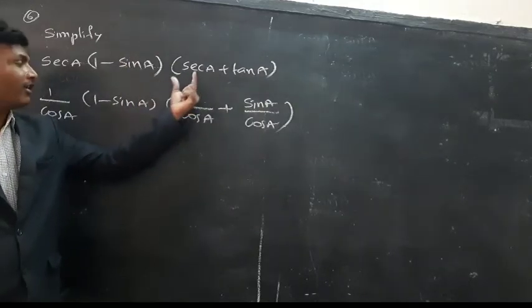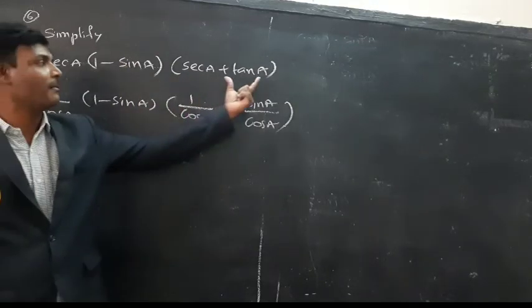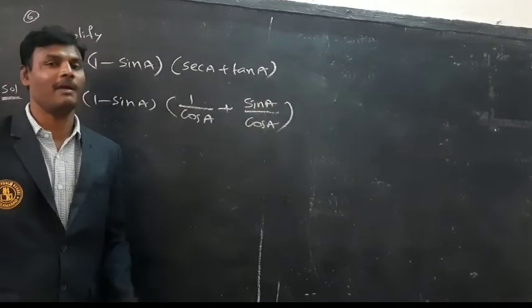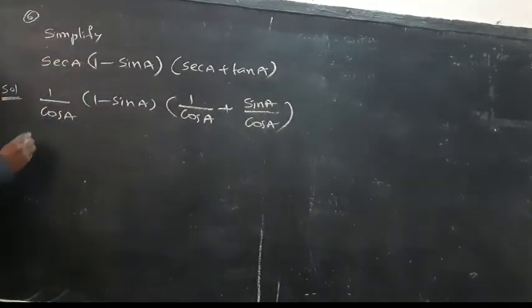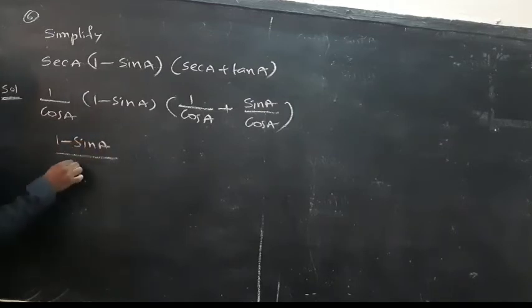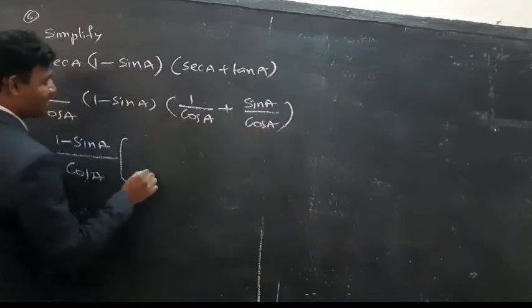Sec A is 1 by cos A plus tan A is nothing but sin A by cos A. After this, 1 minus sin A by cos A into, see here, what is the LCM?